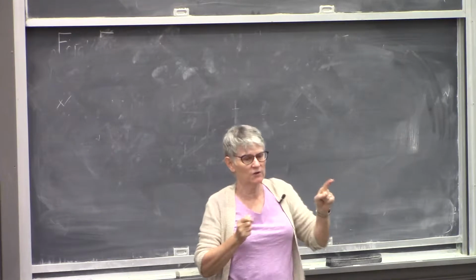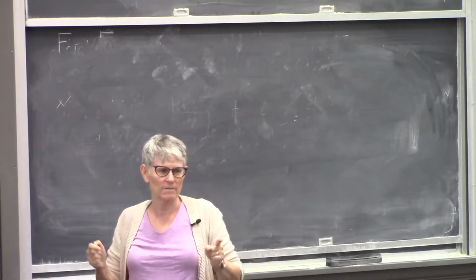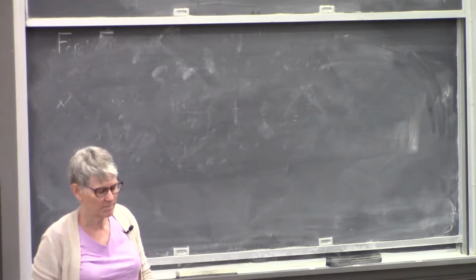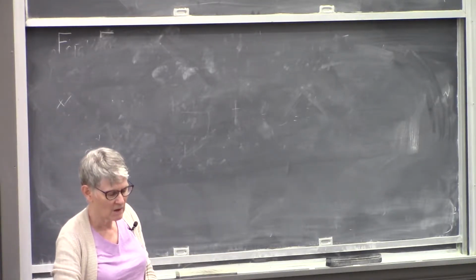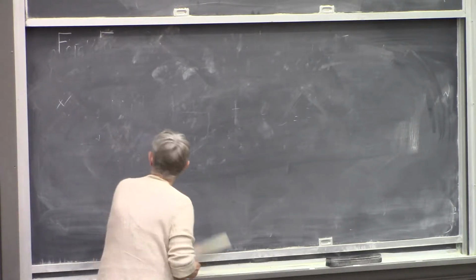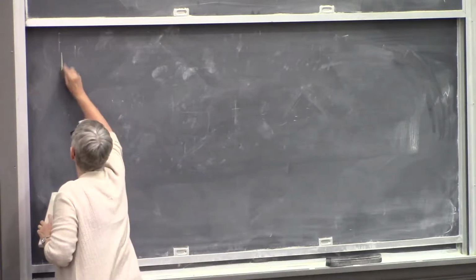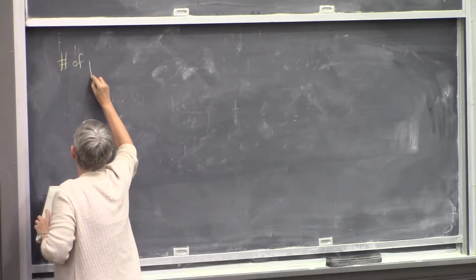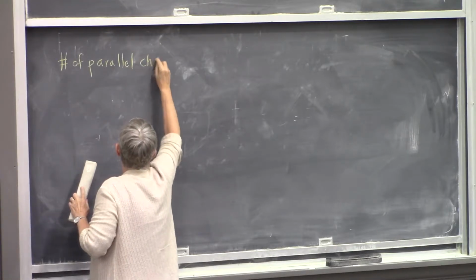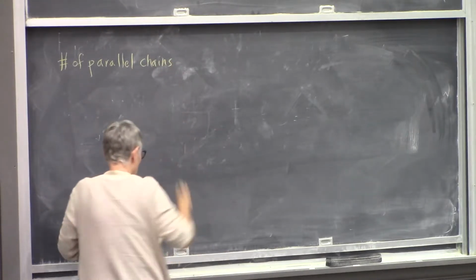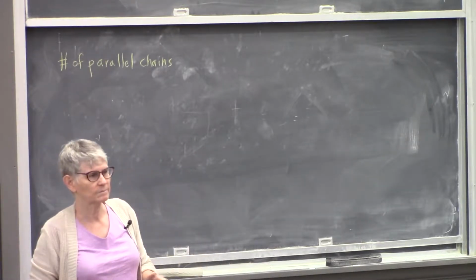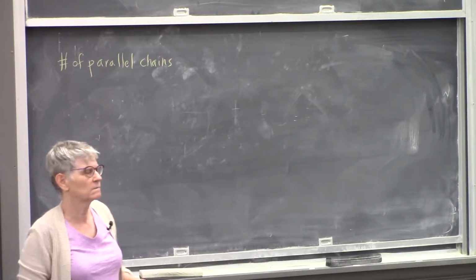Now we can do what you wanted to do a minute ago and use those relationships, right? So first we need the number of parallel chains. So how are we going to get that?